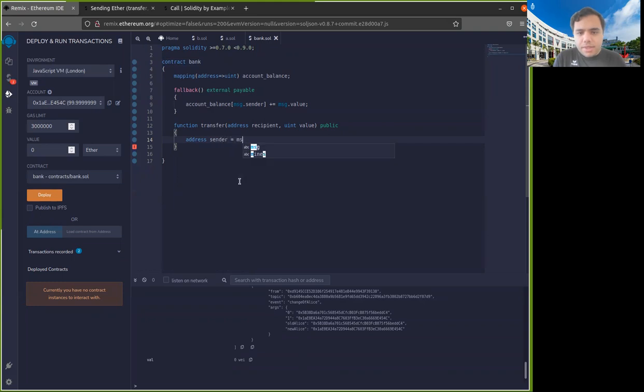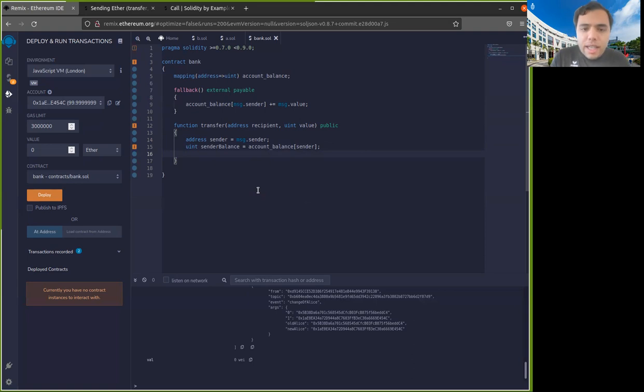Who's the sender? Sender is msg.sender, and the value is of course this. And I can just have an unsigned integer called sender balance, which is the account balance of the sender.